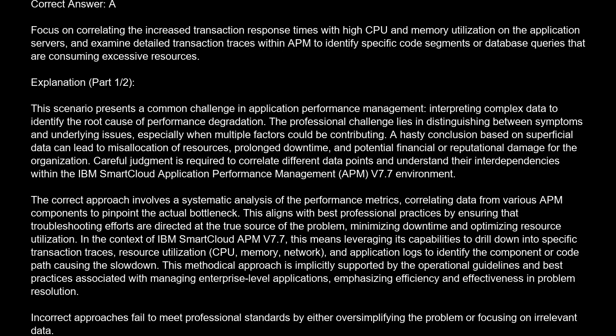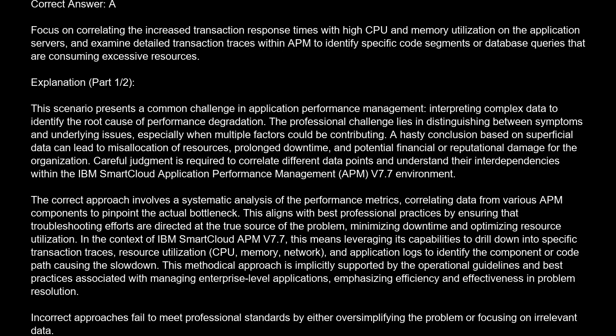In the context of IBM SmartCloud APM v7, this means leveraging its capabilities to drill down into specific transaction traces, resource utilization, CPU, memory, network, and application logs to identify the component or code path causing the slowdown. This methodical approach is implicitly supported by the operational guidelines and best practices associated with managing enterprise-level applications, emphasizing efficiency and effectiveness in problem resolution.